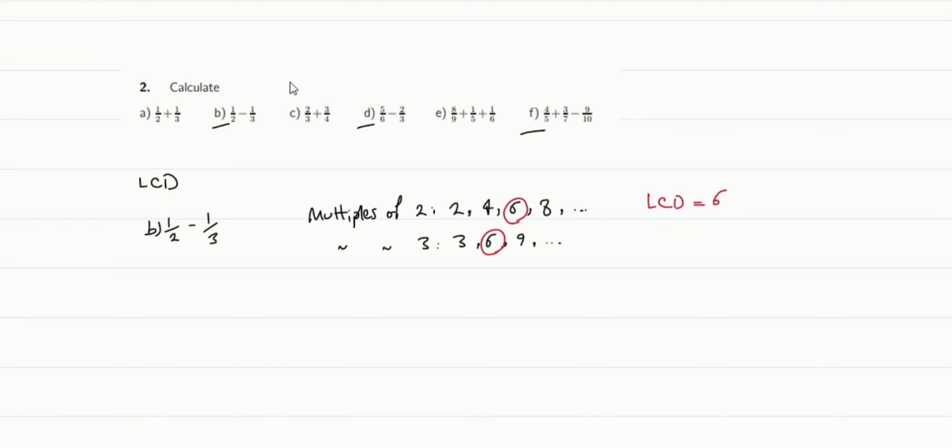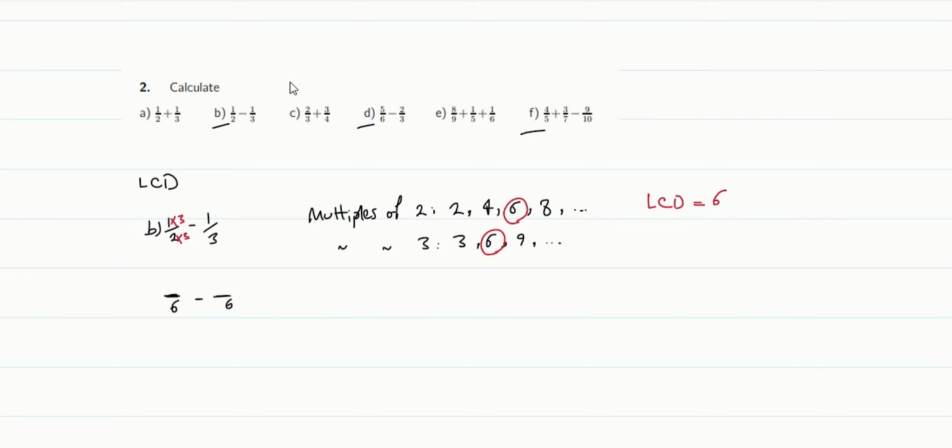Now, after finding the LCD, we convert both fractions to have a denominator of 6. So let's say we want to have number 6 on both of these denominators. In order to change 2 to 6, you should multiply 2 by 3 and you should multiply 1 by 3 as well.